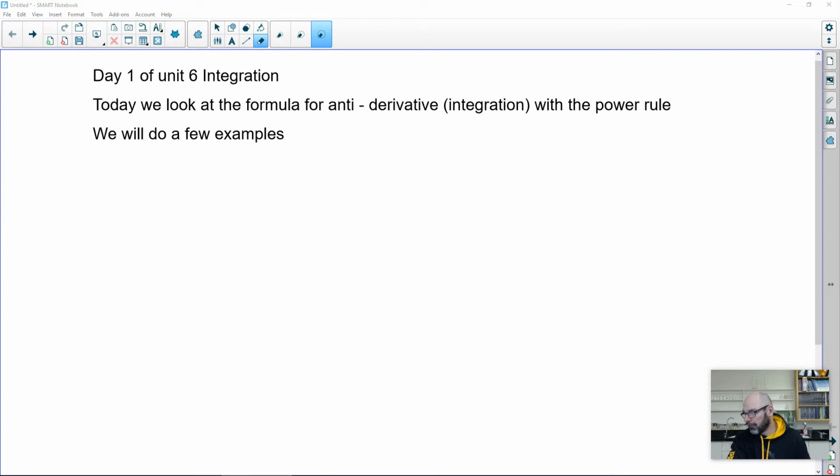I'm going to do, I think, 4 different kinds of examples here using the antiderivative or integral rule with powers. We're going to go from second derivatives all the way back to original functions. We won't go into triple derivatives or anything like that, but we'll go up to second derivatives. We'll start by giving you the formula and some basic examples.